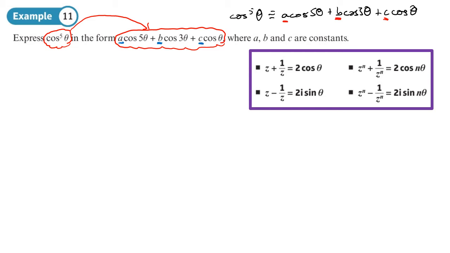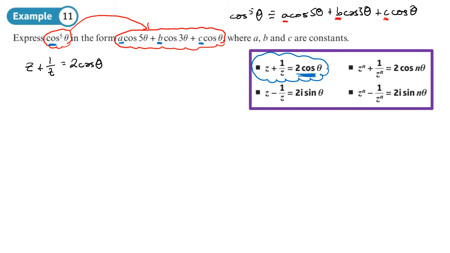Now we're going to start by using this identity over here, because I notice I've got cos in that identity. I'm starting with cos; you'll see why in a moment. So if I start with that identity, z plus 1 over z is 2 cos theta.